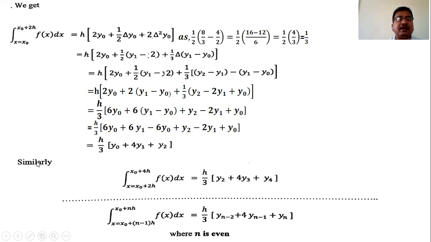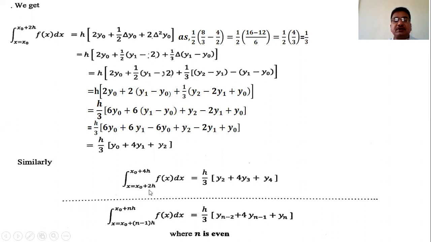Next two intervals: these are the first two intervals, x naught to x naught plus 2h. Then the next two are what? X naught plus 2h to x naught plus 4h. What are the end points of these two intervals? X naught plus 2h, x naught plus 3h, and x naught plus 4h. And the corresponding values of y are y2, y3, and y4.